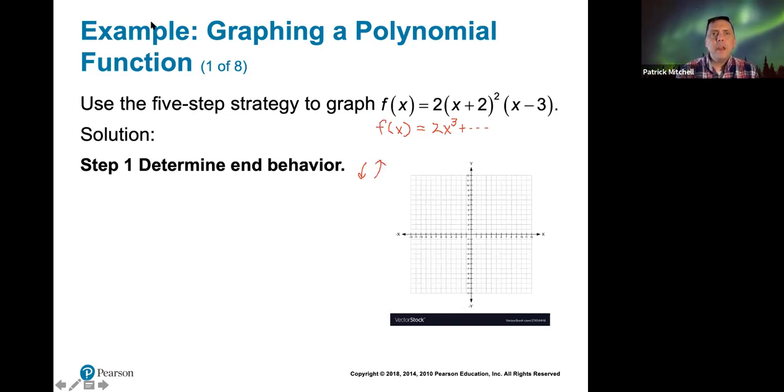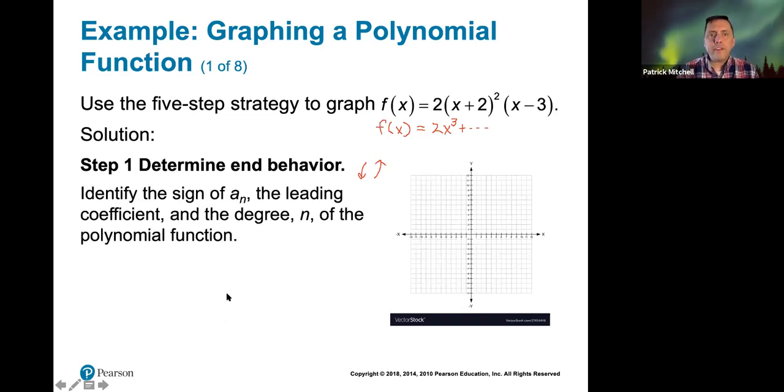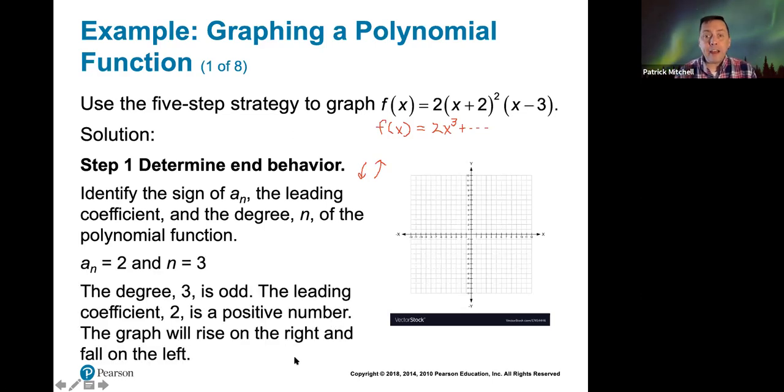Okay. All right, so let's see how I said that in here. So we've identified the sign of the leading coefficient and the degree, and that means the graph will rise on the right and fall on the left, just like you see in this little diagram here. Okay, so we'll keep that in mind as we move on to step 2.